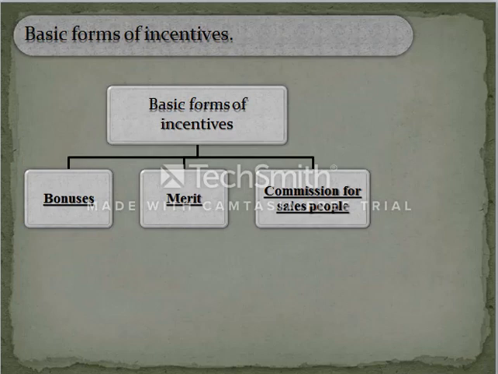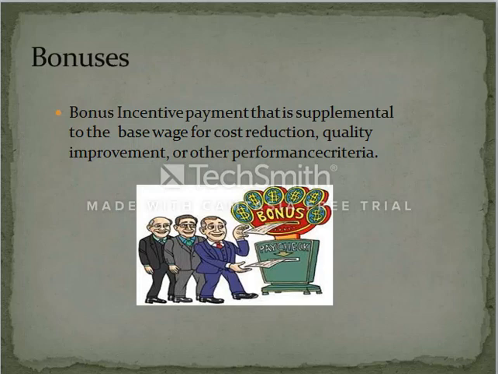Thereafter, we discussed basic forms of incentives. The first one was bonus, which is paid out of the profit after the closing of the existing financial period. Then there was merit pay.